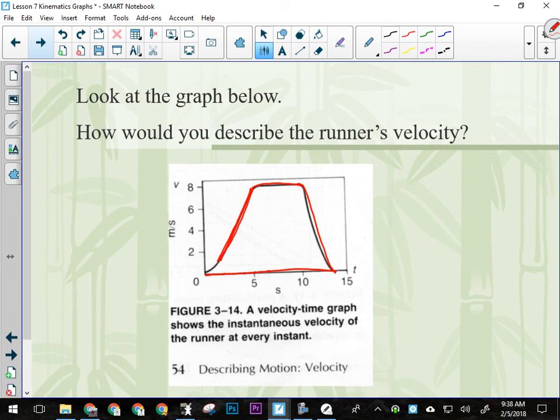Their velocity actually goes back down to zero. This is a graph of someone running in a race. First part of the race, you accelerate, then you run as fast as you can. You can't accelerate anymore because you hit your top speed, and then you hit the finish line and stop. You don't stop instantaneously because that would be like a line that's straight down. That generally ends badly for people. You would slow down gradually, like that line.